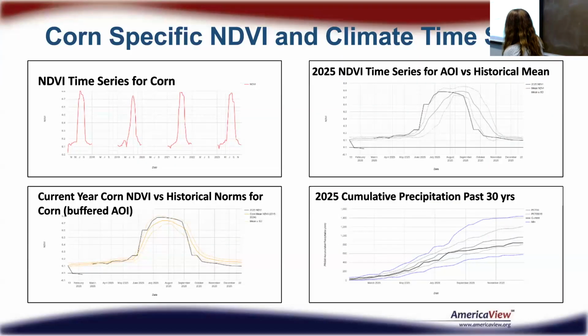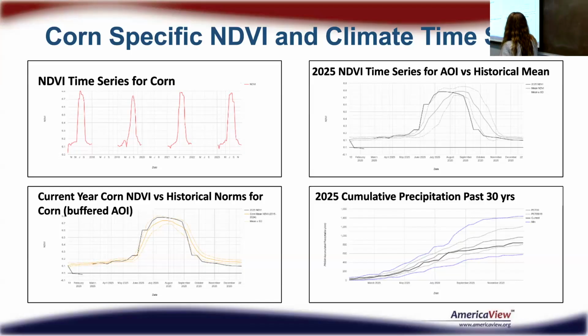It uses the land cover data to mask out the years that it was corn specifically, and it shows you just the NDVI profiles for corn. And then it shows you the current corn NDVI versus the historical norms for that buffered AOI. So you can kind of say, how is my corn performing relative to nearby fields? And then we have the NDVI time series for the AOI versus the historical mean.